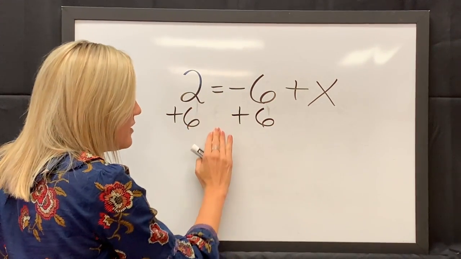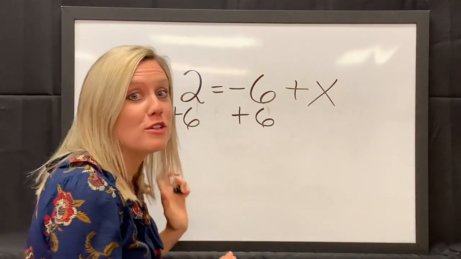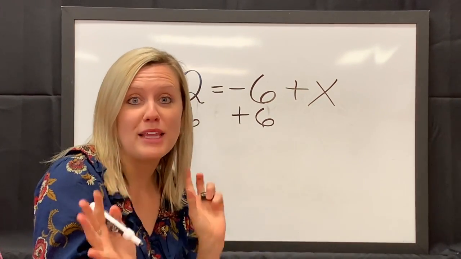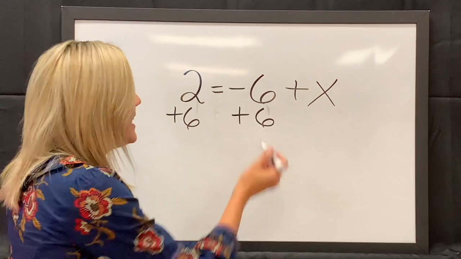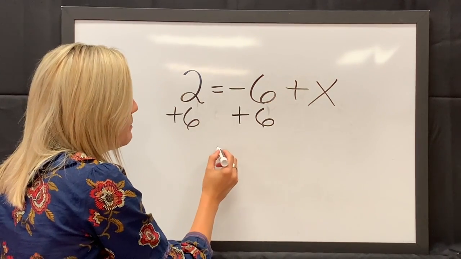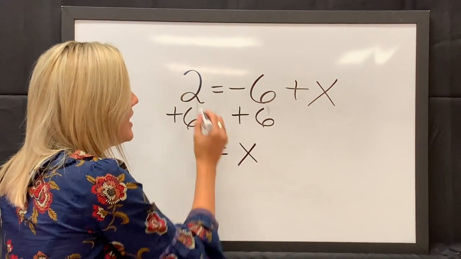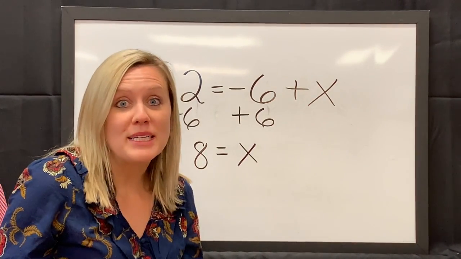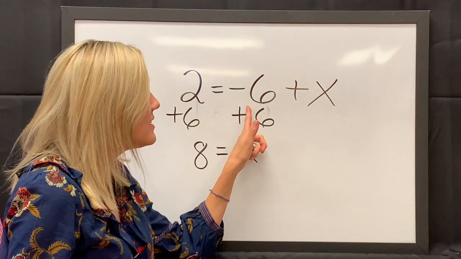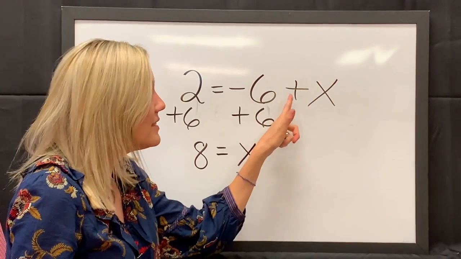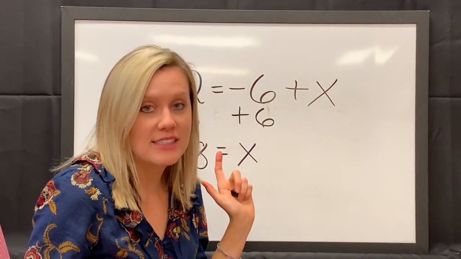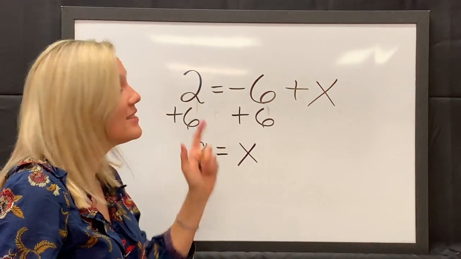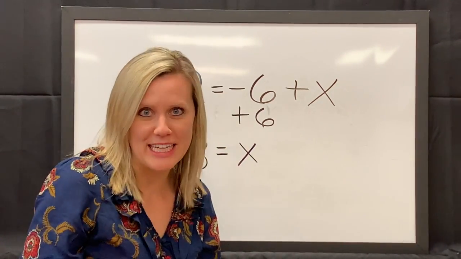Okay, I'm remembering there's kind of a line down my equal sign, so I have to do the same things on both sides. Okay, so these cancel out, and I am left with just x, and 2 plus 6 is 8. And then I would always ask myself, is negative 6 in debt plus 8, $8, does that give me $2? And it does. We are going to keep going.